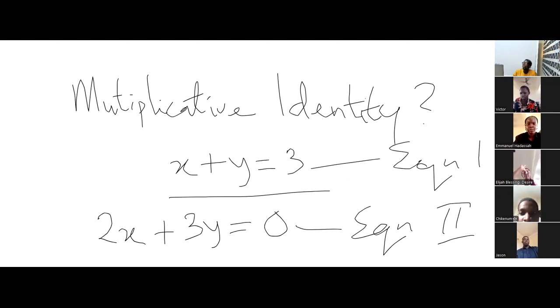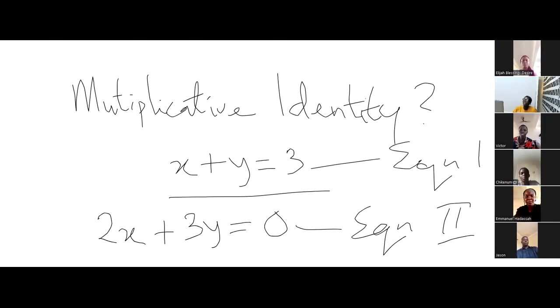Answer. It is a number that doesn't change when being multiplied.